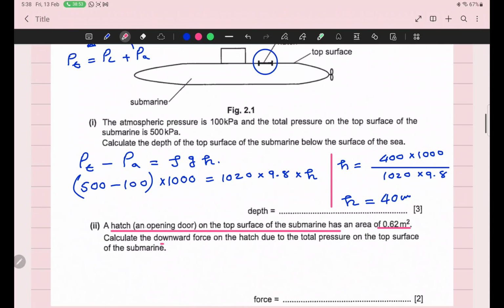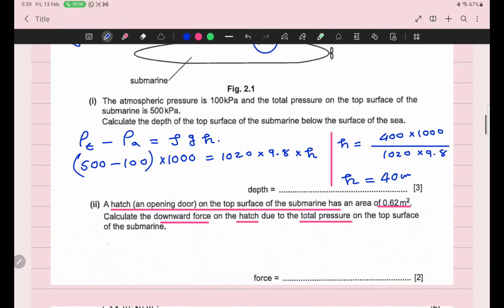The question is: calculate the force on the hatch due to total pressure. Force per unit area is pressure.